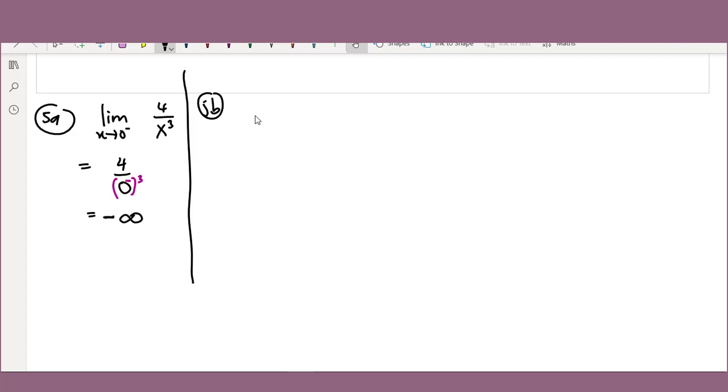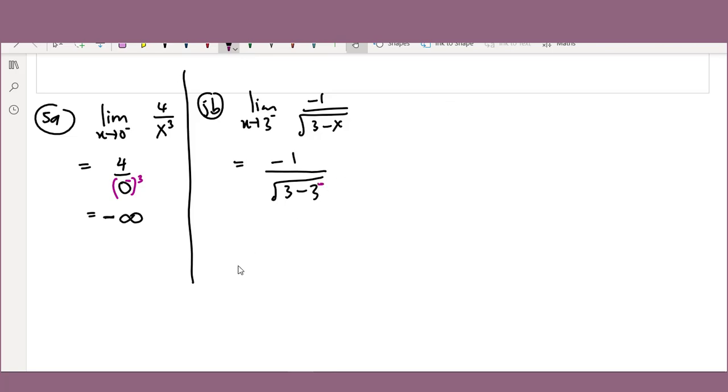5b, limit of the function negative 1 over square root of 3 minus x as x approaches 3 from left. Substitute directly: negative 1 over square root of 3 minus 3, from left.